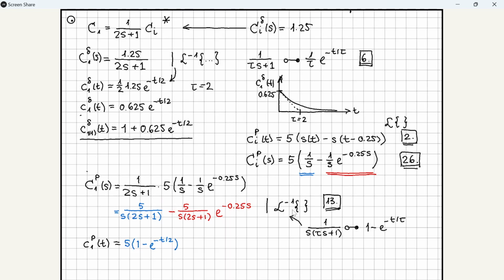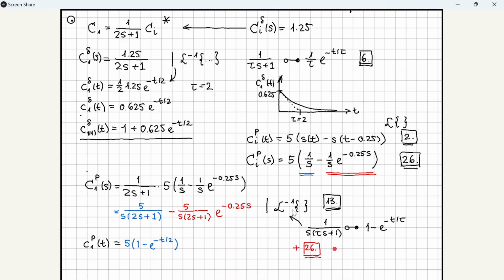And now I do the inverse Laplace transform of the second term, and here I need both number 13 and also number 26. Number 26, I'm just going to write it out because I didn't do that earlier.